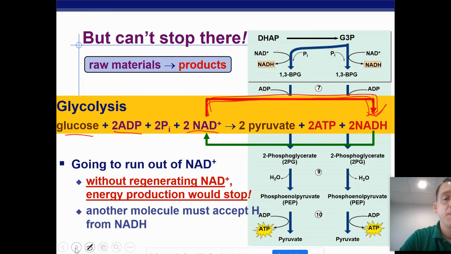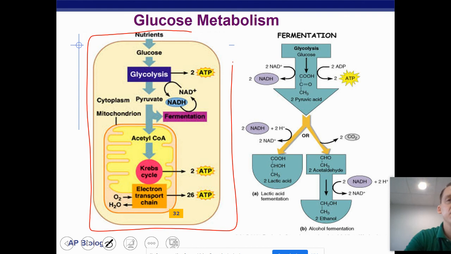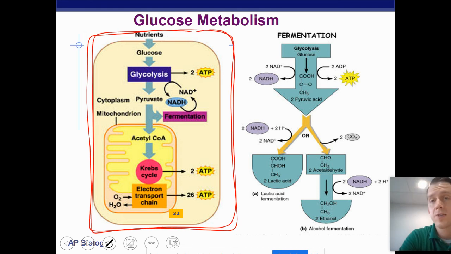We need another molecule to accept the H from NADH to regenerate NAD+. So NAD+ is free for another round. So how does that happen? Well, in aerobic organisms like animals and plants, this on the left happens. This is normal cell respiration.